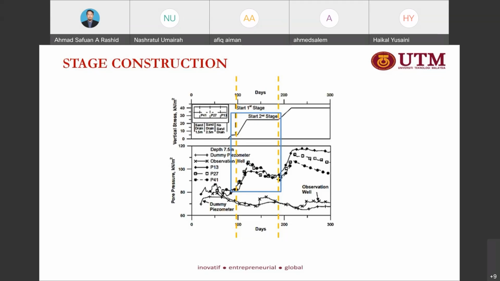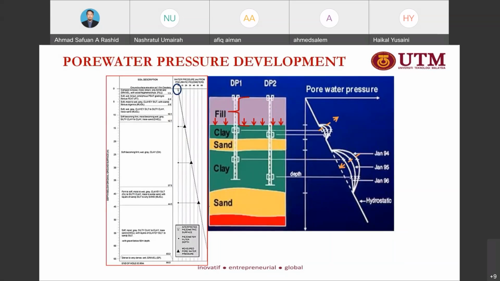We need to look at the piezometer or the pore water pressure result. Pore water pressure development: there will be an increment of pore water pressure during the filling process.